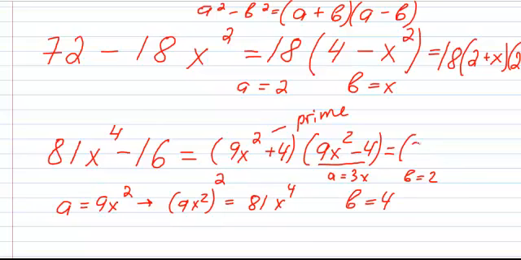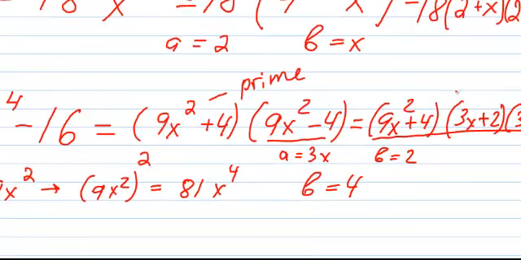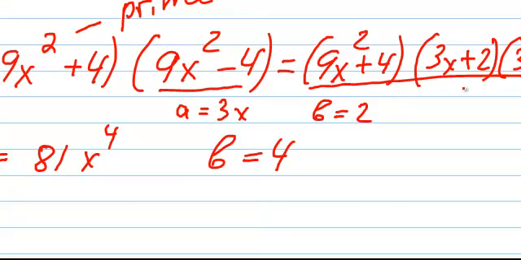So first we keep our prime term unchanged, and we continue factoring, doing repeated factorization, and the answer here is 3x plus 2, 3x minus 2. This is our final answer, and it has three binomials multiplied by each other. So the answer is a product of three binomials. This is our final answer.